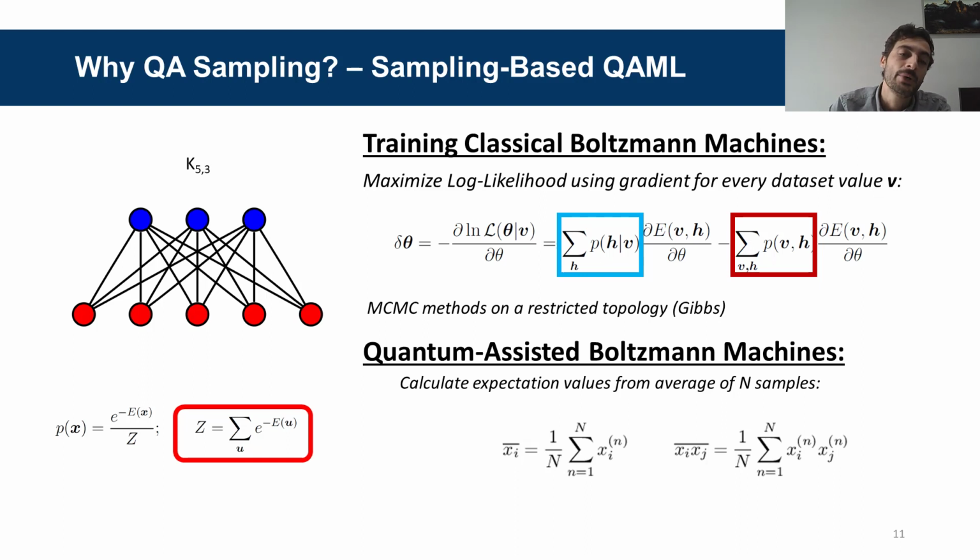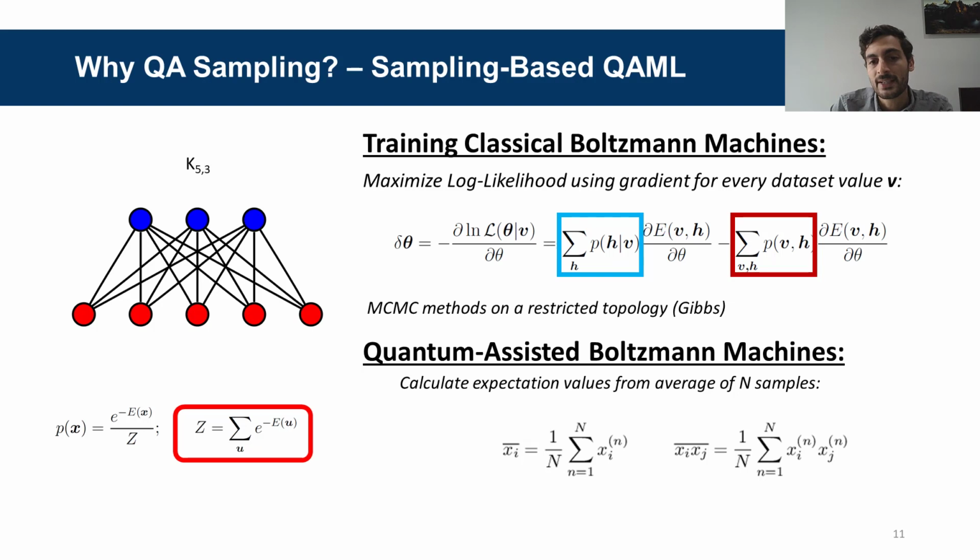It's at that point where you can introduce quantum annealing sampling to replace the sampling step. This is the basic idea, and there have been multiple publications and multiple application examples working on taking this further.